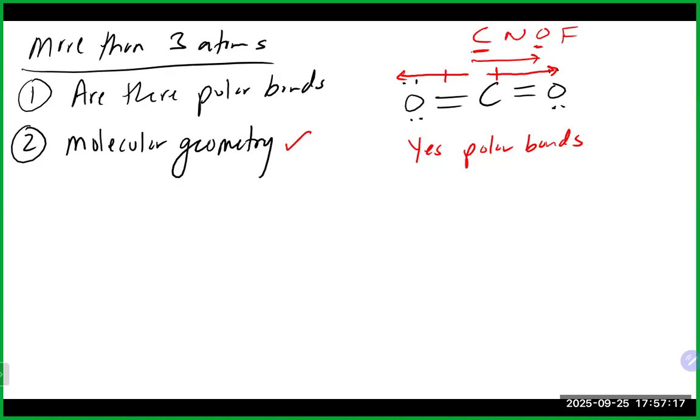And if we take a look at the geometry, as a reminder, like we did last time, you want to go to the center atom and find out the number of electron pairs. So that is one electron pair there, two electron pairs. Remember, everybody counts as one. And you want to know how many bonds you have, so that's going to be one bond, and that's going to be two bonds. And of course, you remember that something with two electron pairs and two bonds has a molecular geometry of linear.